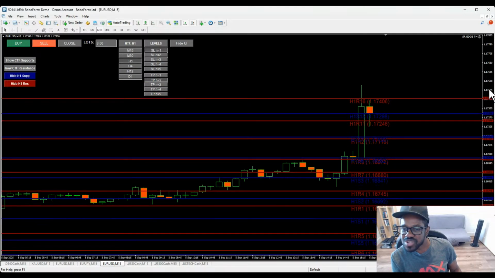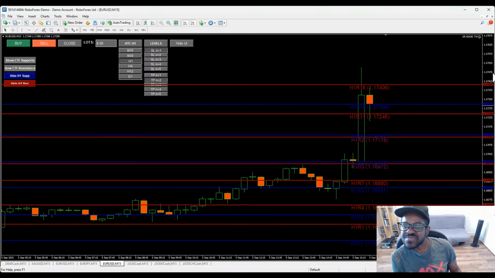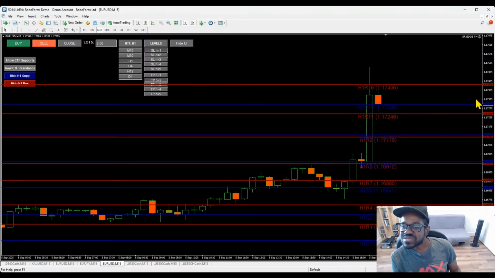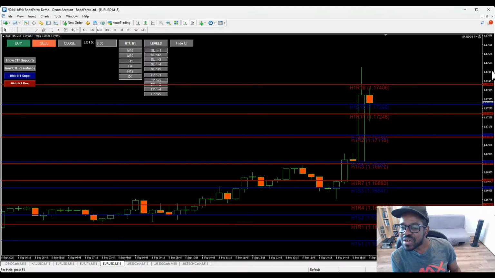We did have that push to the upside. This is a previous H1 resistance. It went through it, but then it's opening under it. And we do have a formation here of a fair value gap.